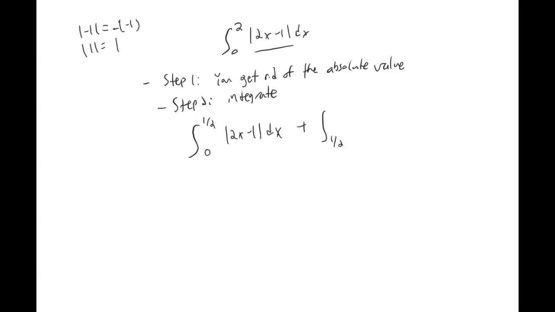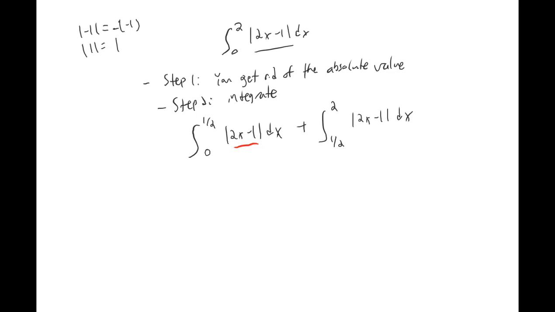The integral from 1/2 to 2 of dx. So again, from 0 to a half, 2x minus 1 is what? I just said it earlier. If I just look at the inside, 2x minus 1, is it positive or negative on the interval 0 to a half? Negative.